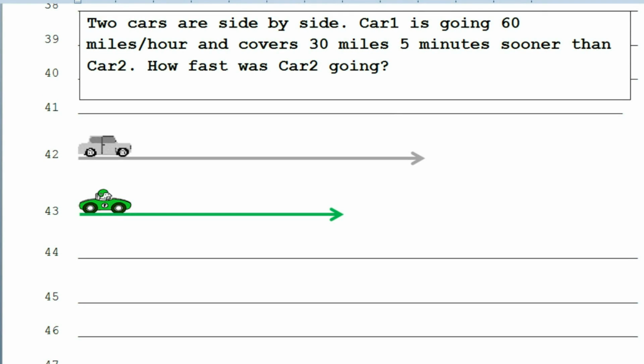Two cars are side by side. Car 1 is going 60 miles an hour and covers 30 miles 5 minutes sooner than car 2. How fast was car 2 going? We know car 1 is going 60 miles an hour, and it covers a distance of 30 miles.